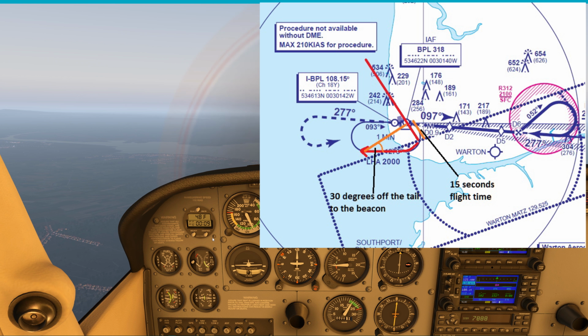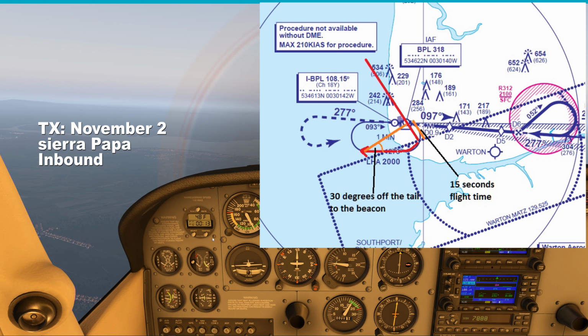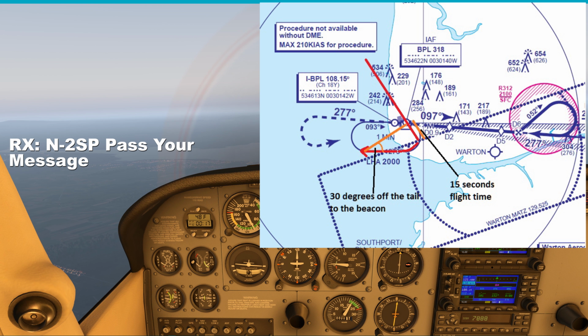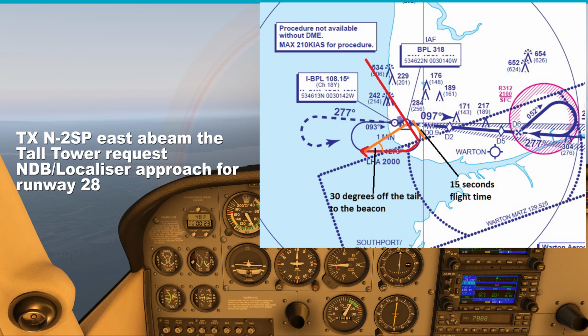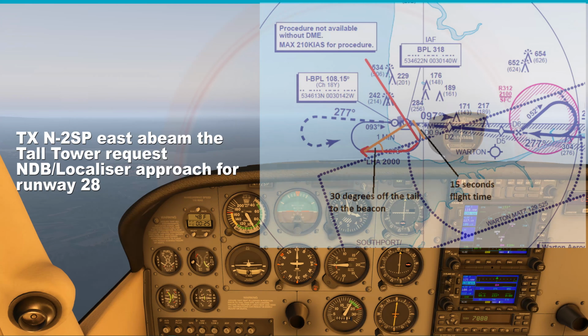The hold, as you see, is slightly offset from the missed approach angle of 277 degrees and its reciprocal 097 degrees. When the ADF needle shows pointing to the beacon 30 degrees off the tail, it's time for the next 1 minute turn, and then we're established in the hold until we want to leave.